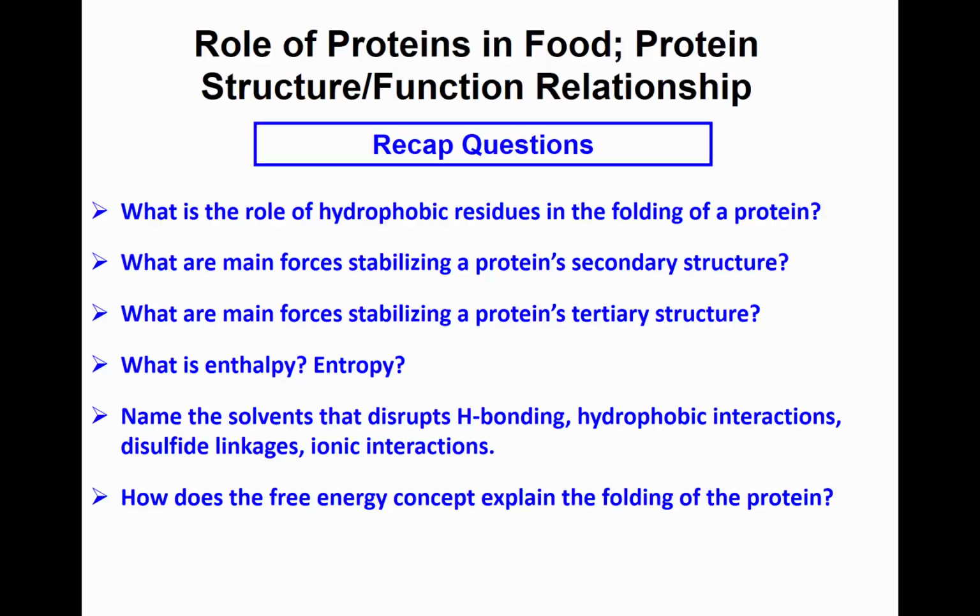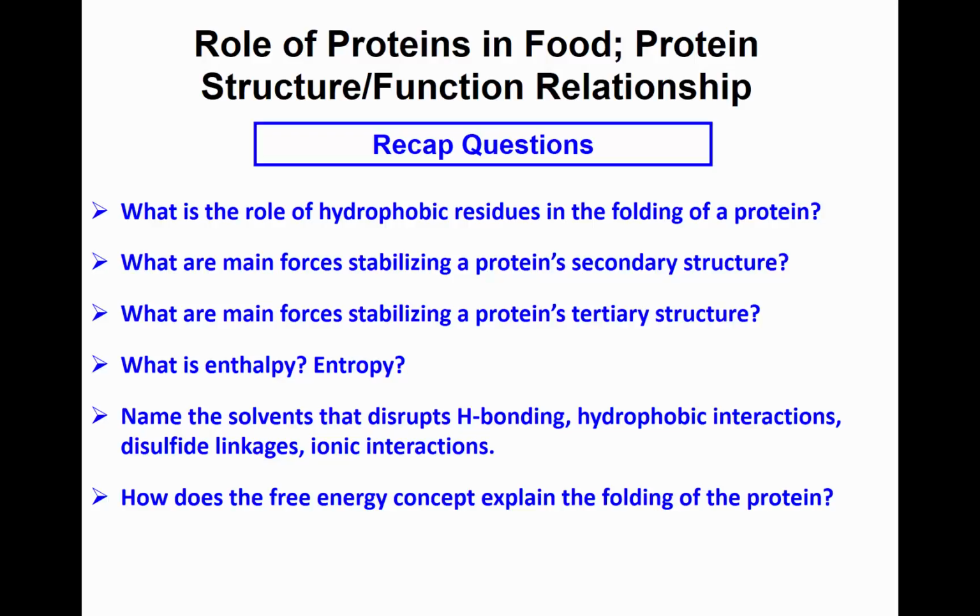Okay, so there are solvents that would disrupt interactions. So what would disrupt hydrogen bonding? What kind of solvent? Those of you that ran gels before, what do we add sometimes to the sample? You dissolve it in the buffer.